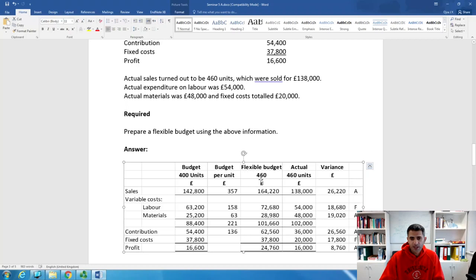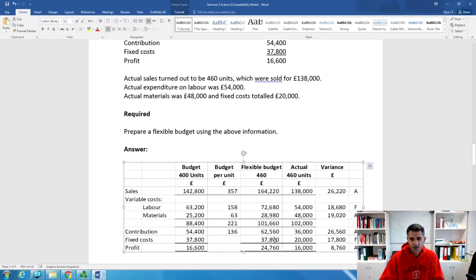If you multiply it, you should be able to find that the total sales equal 164,222. If you multiply by labor, by material, you should be able to find the total variable cost here equals 101,660. So the contribution equals the sales minus the total variable cost.